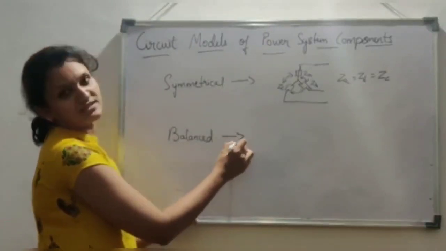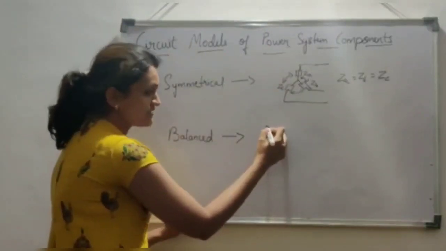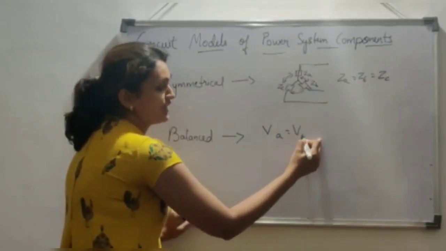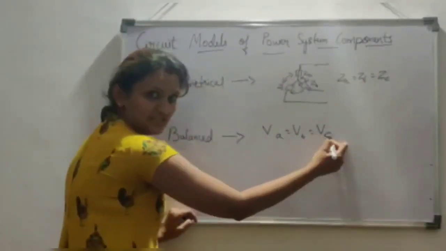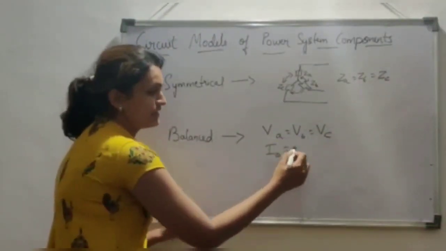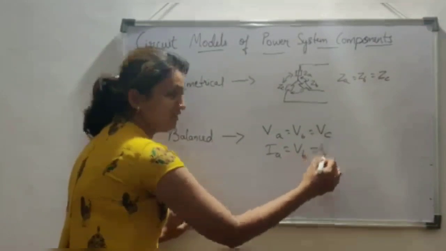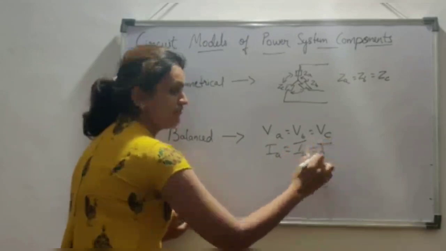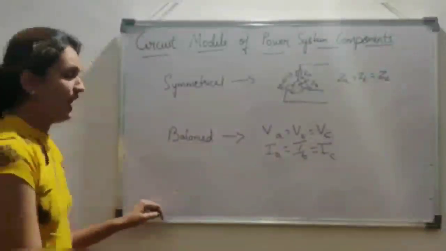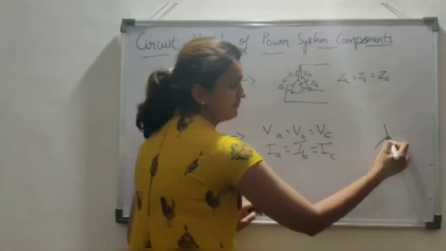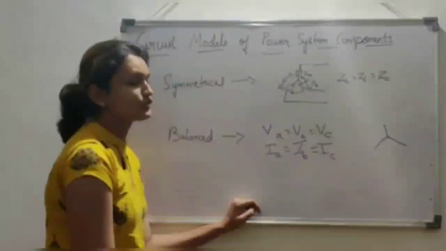So what is a balanced system? A balanced system is when the voltage of phase A, phase B as well as C are equal in magnitude, and the currents of phase A, phase B and phase C are equal. The second condition is the phase angle difference should be equal.